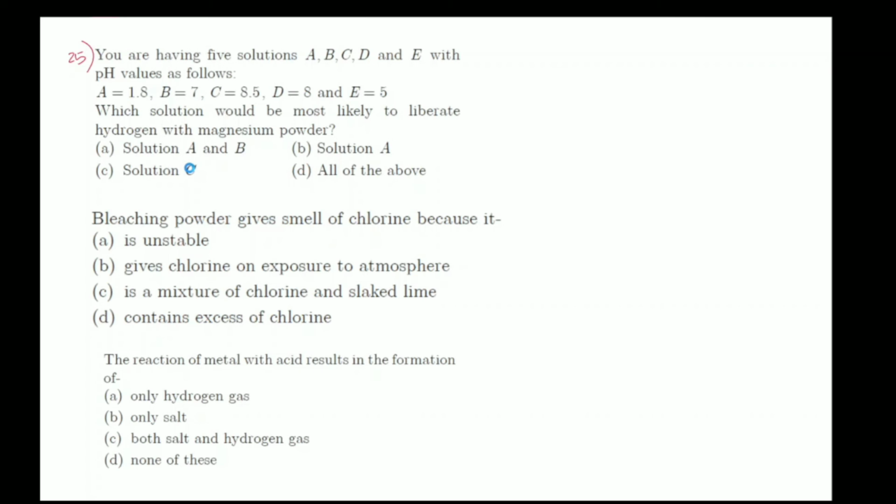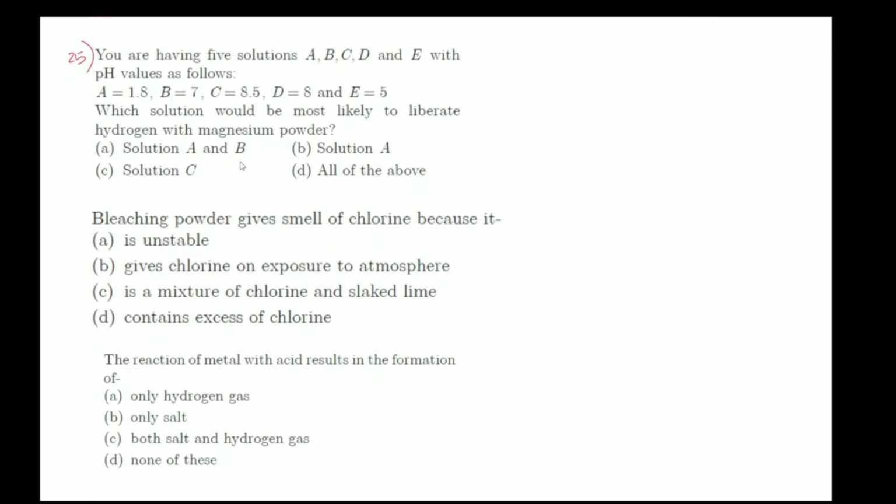Obviously, the one which has the lower pH value. The one which has lower pH should give you more hydrogen with magnesium powder.